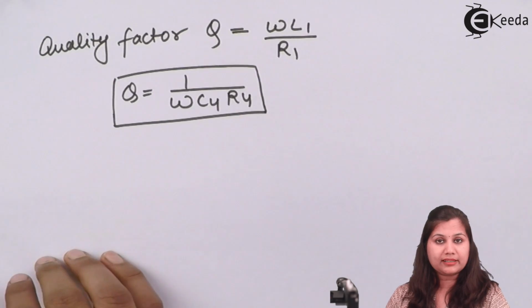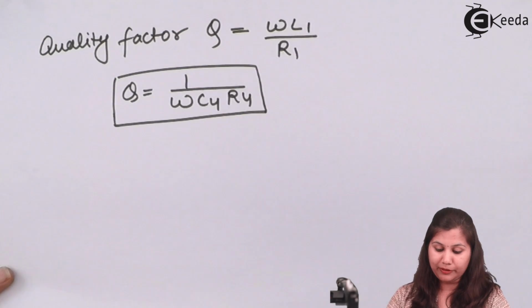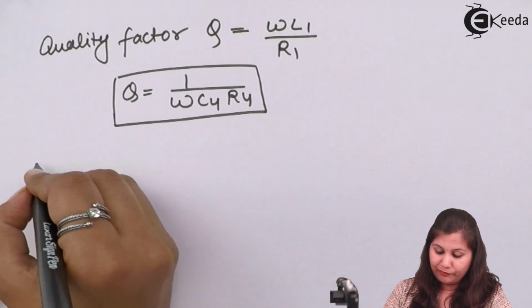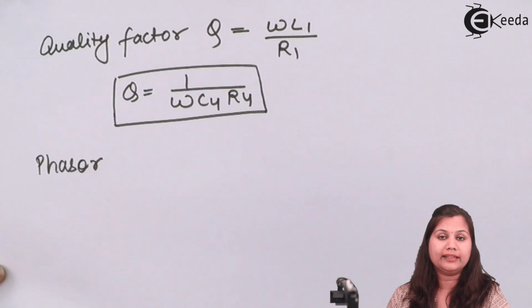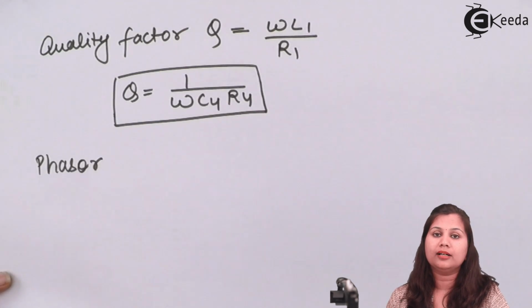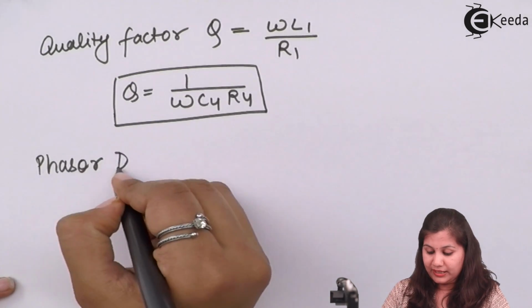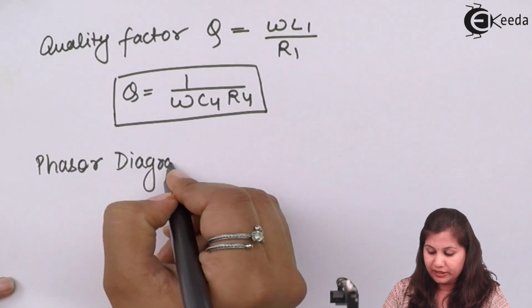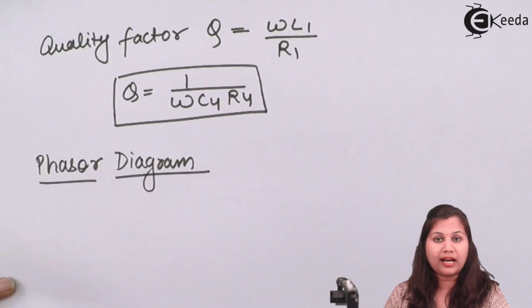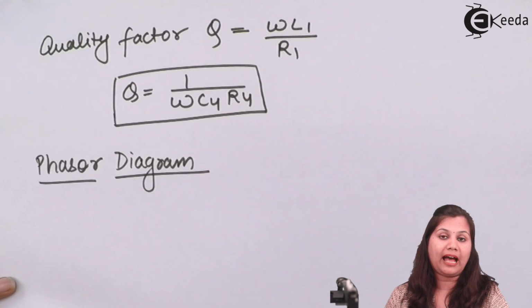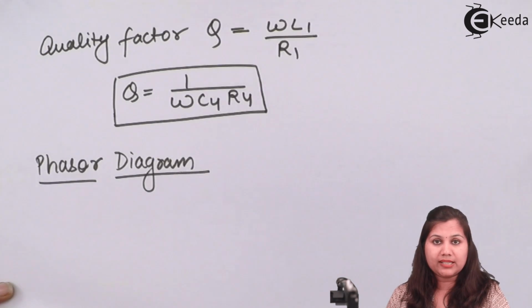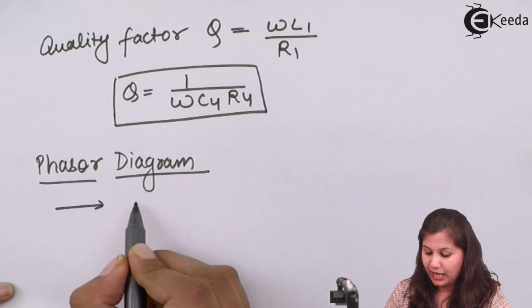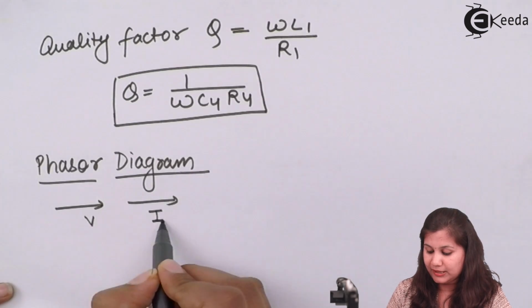Now coming to the phasor diagram of the Hayes bridge. In the phasor diagram, we draw the relationship between the various phasors of the current and the voltages present in the network. So the phasor diagram will show us the relationship between the current and the voltage. Now here we are having three types of elements: resistance, capacitance and an inductor. Across the resistance, the voltage and the current are in the same phase with each other.